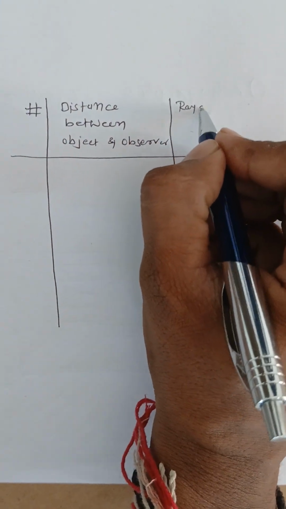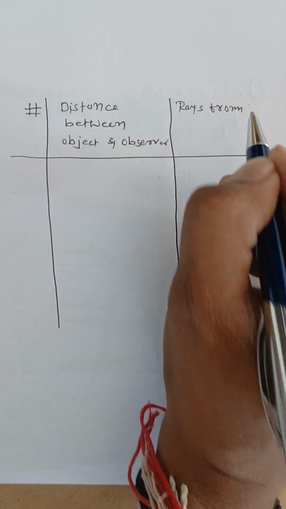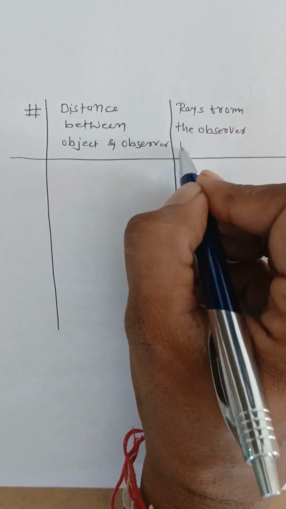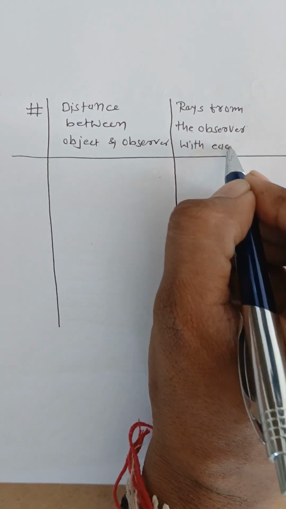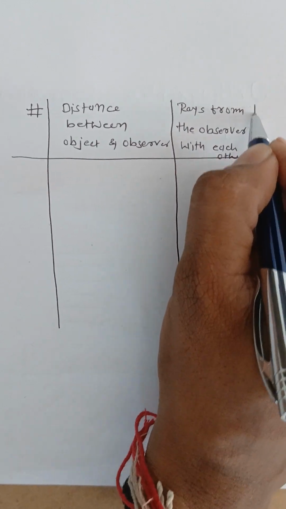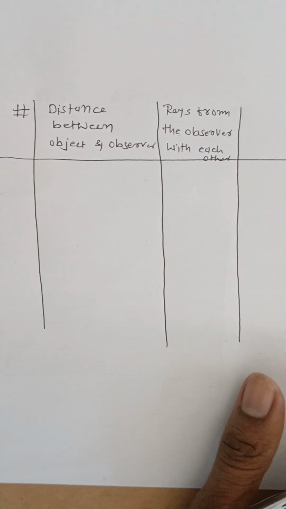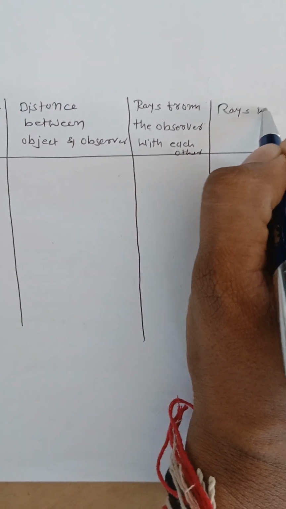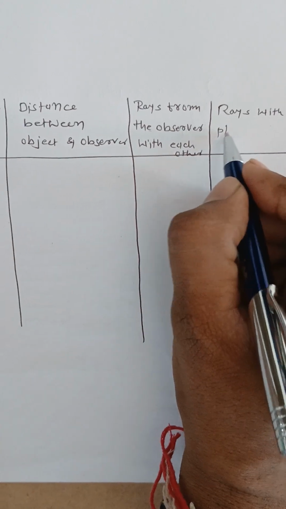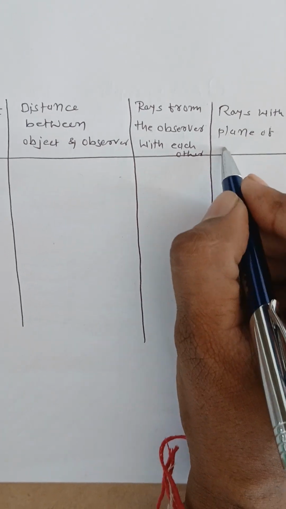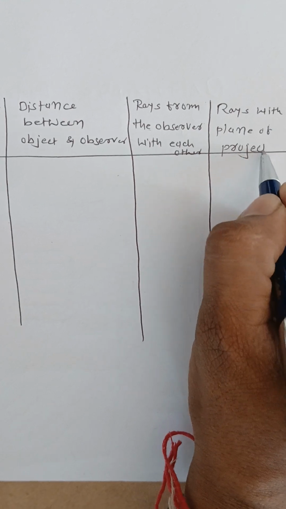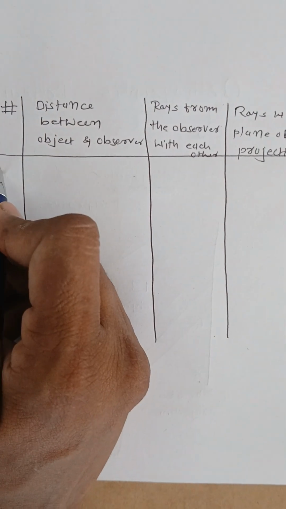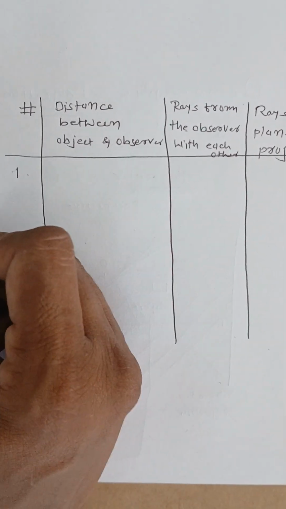Rays from the observer, relation between rays with each other. And the third one is the relation between rays and the plane of projection, right? So first we will define orthographic projection.